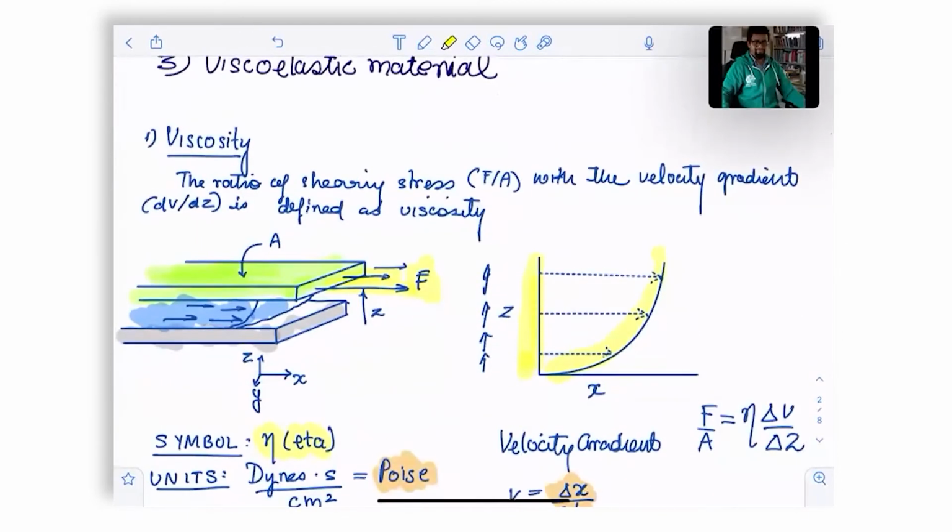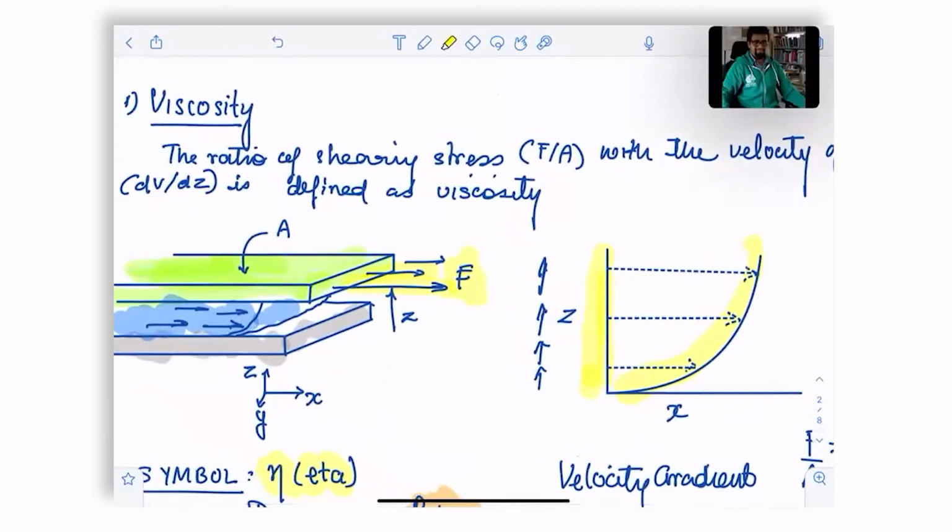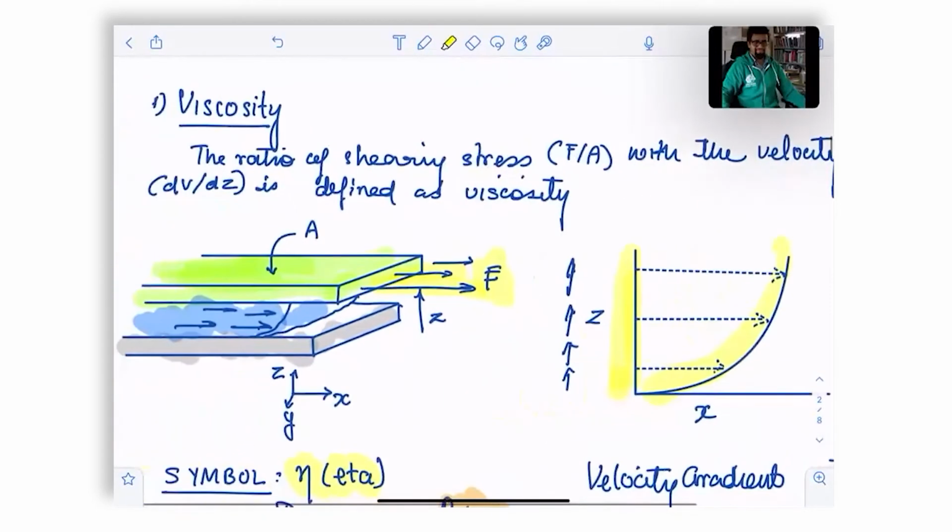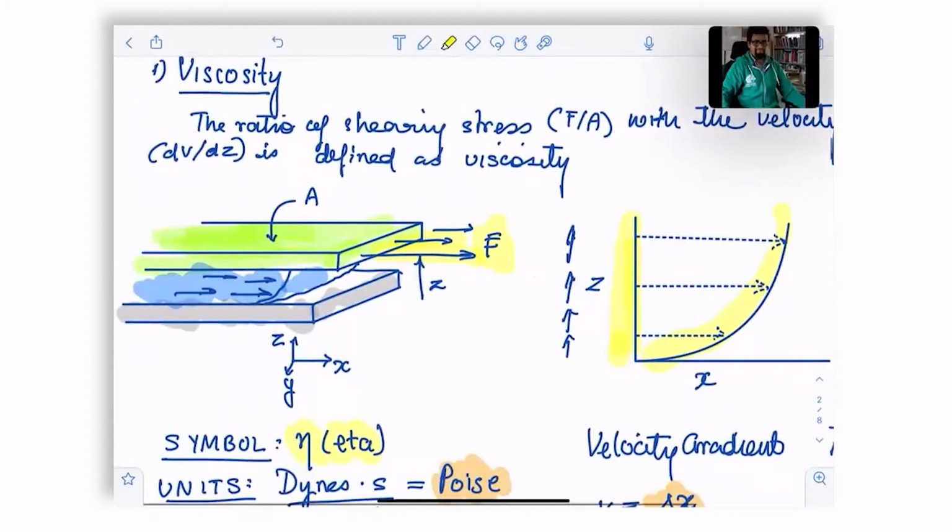So as such, the viscosity itself is defined, and we did a sort of colloquial definition last time, if you remember, as the ratio of shearing stress F by A with the velocity gradient dV by dz. If you remember, this was this idea of two plates, a parallel plate, one that is stationary and one that is mobile.